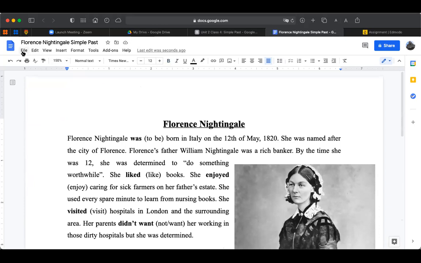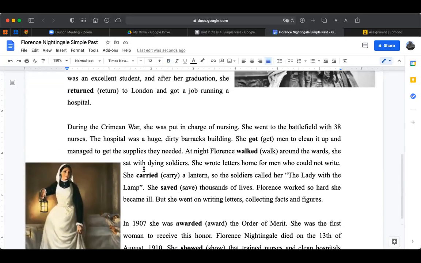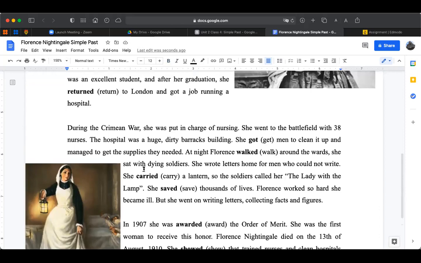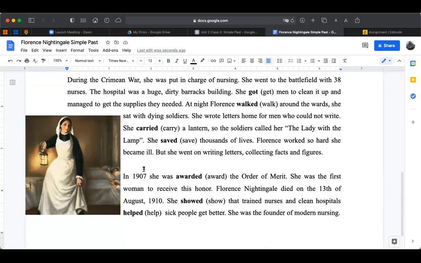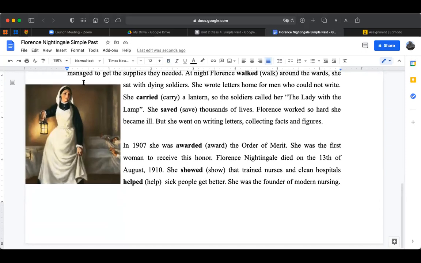Okay, so yes, Florence Nightingale was the founder of modern nursing. She revolutionized nursing and wrote a book, escribió un libro.